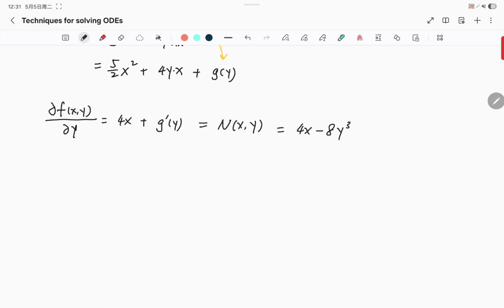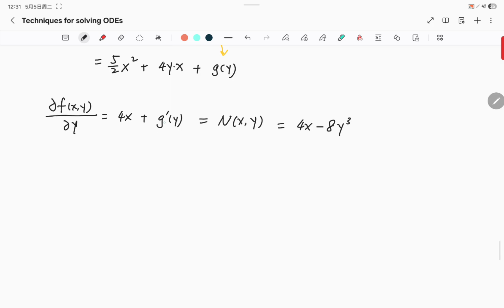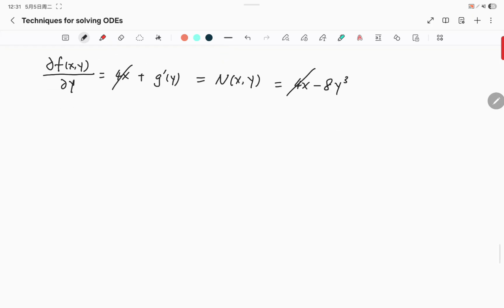The reason I'm doing this step is to figure out what g prime of y is by making a comparison. So you can see 4x and 4x, they're the same, they're gone. That means my g prime of y is equal to -8y to the power of 3.